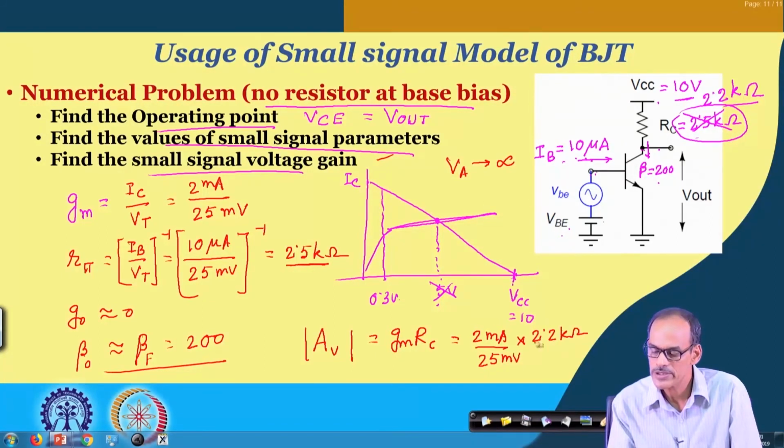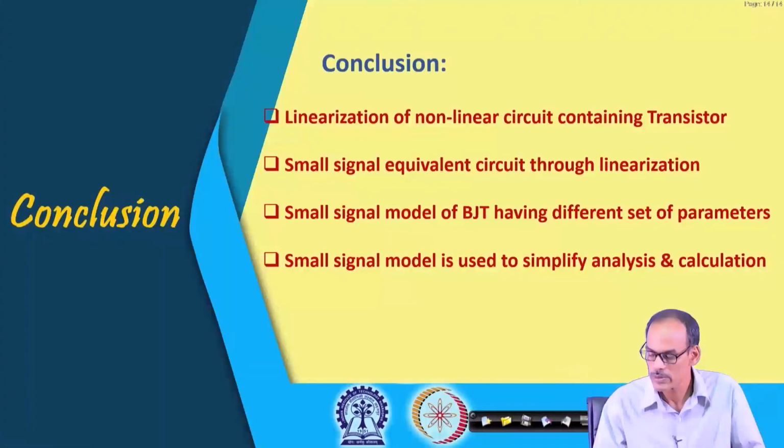So, this part is 4.4 volt divided by 25 millivolt. So, that gives us 4.4 divided by 25 into 1000, right. So, whatever the value it is coming.